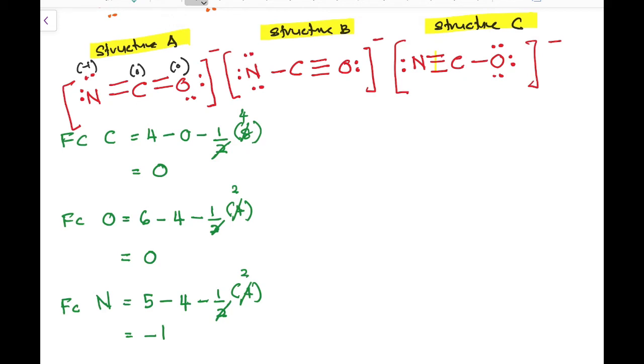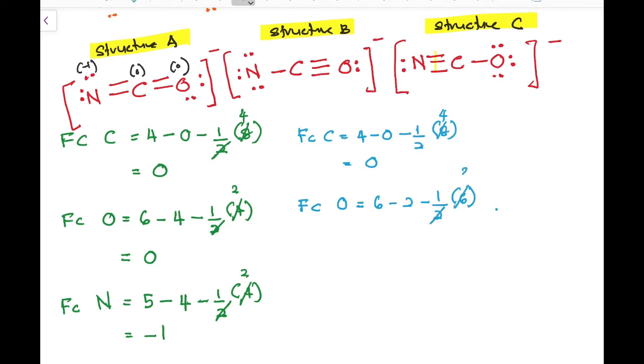For structure B, what about the formal charge for structure B? Formal charge for carbon, 4 minus 0, there is no lone pair around carbon, minus half of it. Formal charge for oxygen, 6 minus 2 minus half of 6, 6 minus this equals positive 1, I mean.